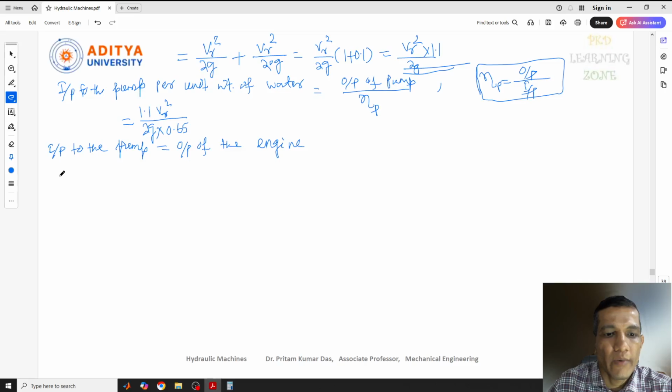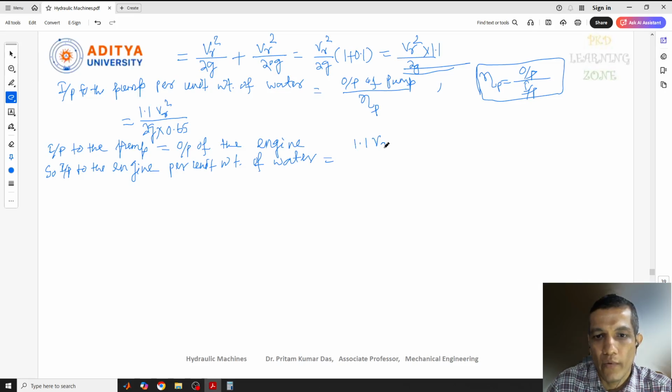So the input to the engine per unit weight of water, this one we can write, this is equal to the output of the engine, what we got here, 1.1 VR square by 2g into 0.65. We got this, and we multiply by the efficiency of the engine.